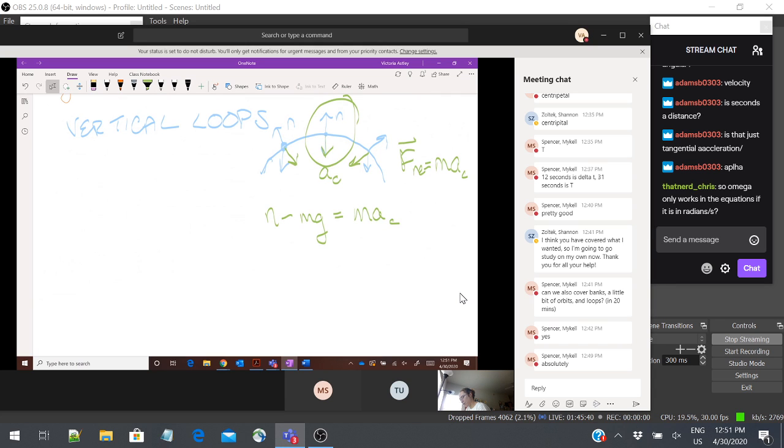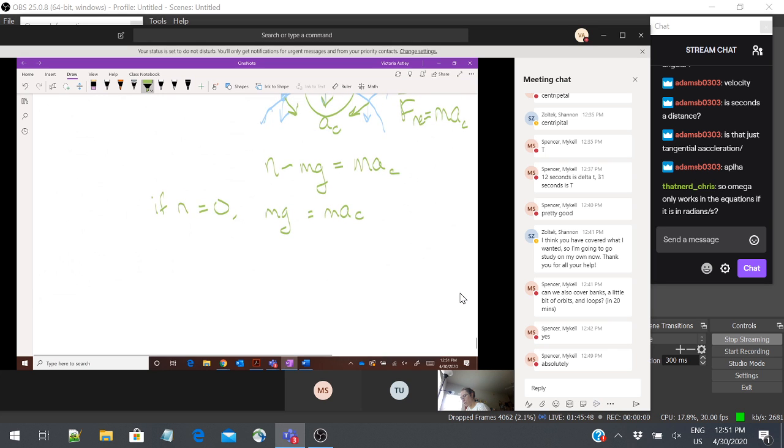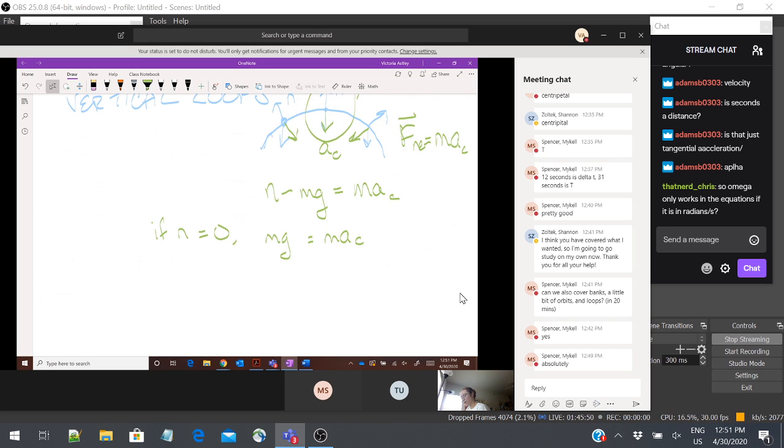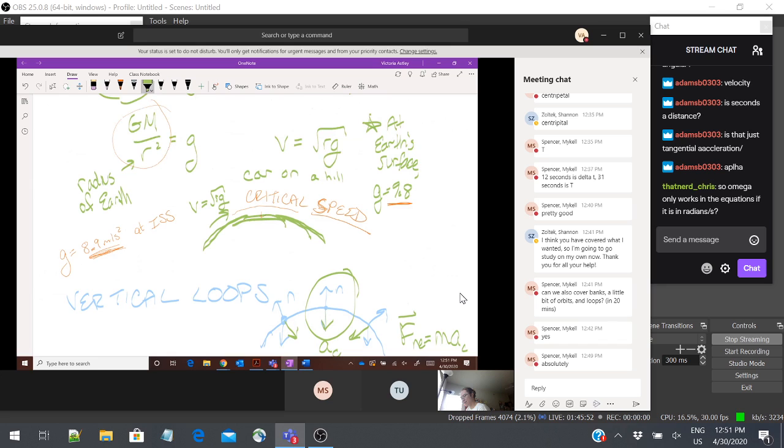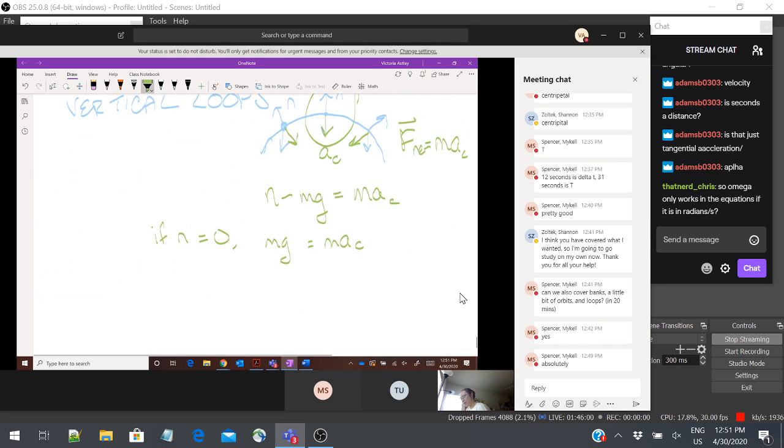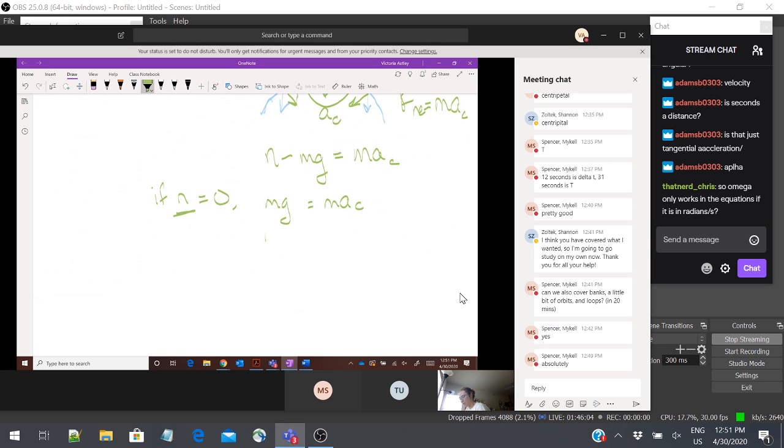There is a value where those two become equal, right? Where you have no normal force, where you're Dukes of Hazzarding it over this gap. Where I don't require the ground to hold me up anymore. So mg equals mv squared over r, m's cancel, rg.